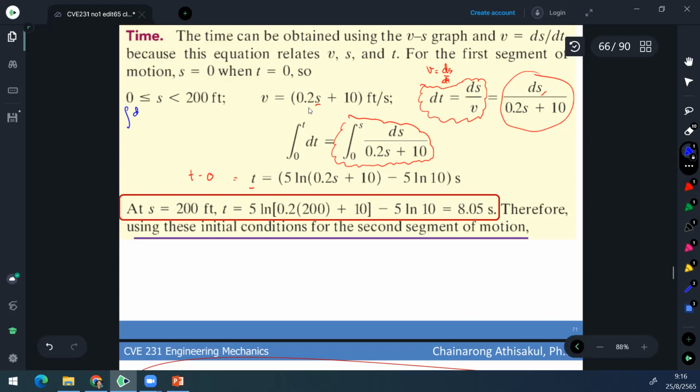If we have an integration term like this, where a and b are constants, then if we integrate this term, we obtain 1 over b times the natural log of a plus bx, plus c. We can review the mathematical formula for integration.